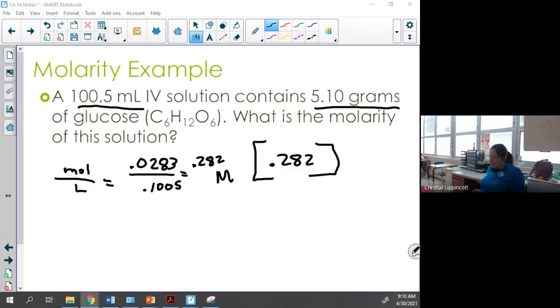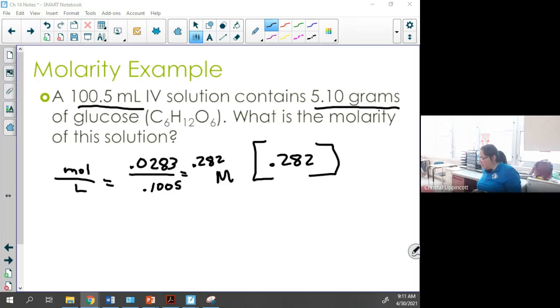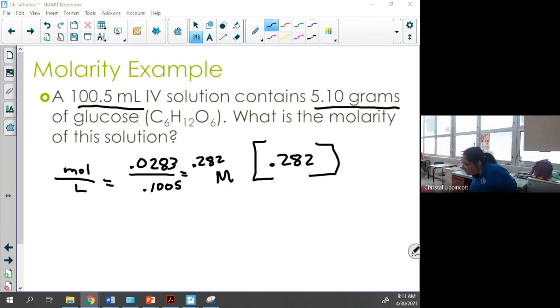So I got 2.56 now. I did 0.0283 divided by 0.1105. Yeah, it's 0.1005 though. 0.283 divided by 0.1.